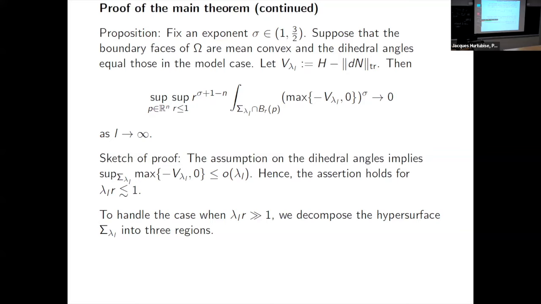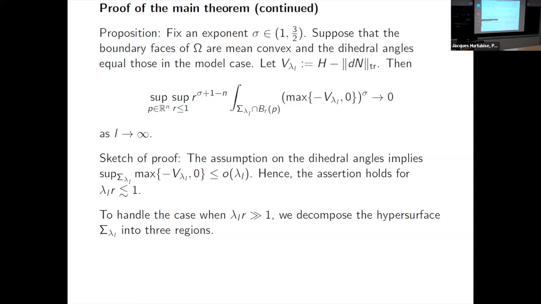And so now if this R is bounded by a constant over lambda, if it's not too big relative to 1 over lambda, then you can show that this integral is small, because you can just estimate the negative part of V in sup norm by little o of lambda. And so on these scales, you can show that the integral is small.